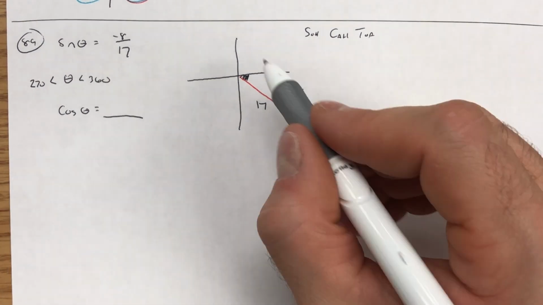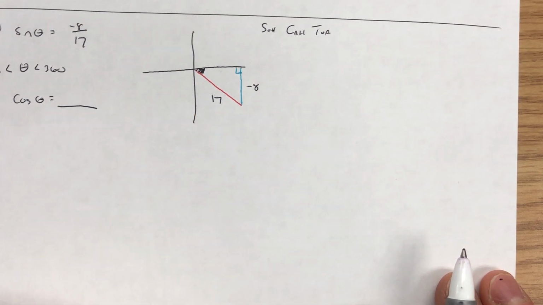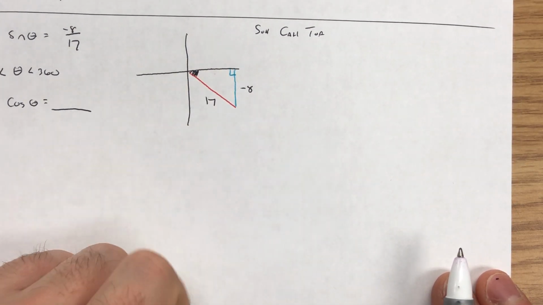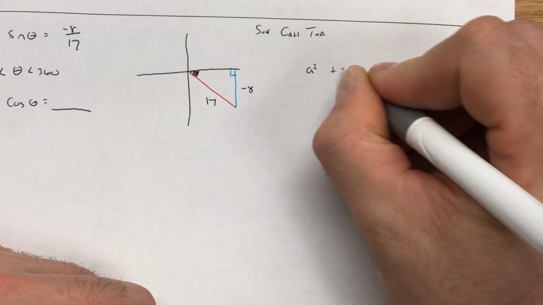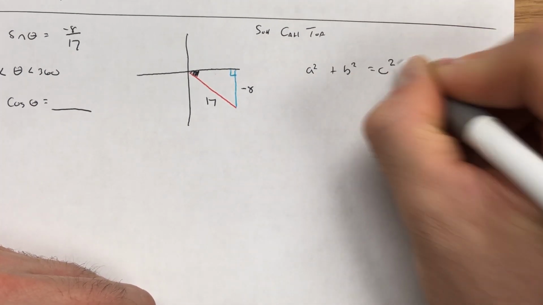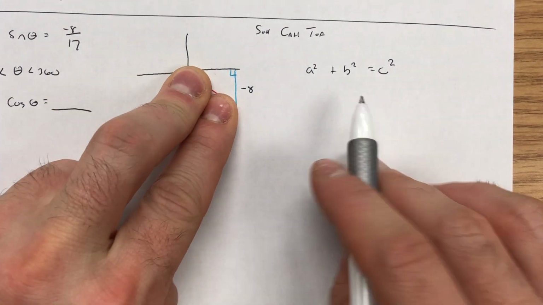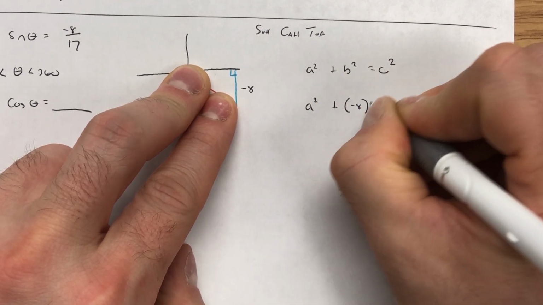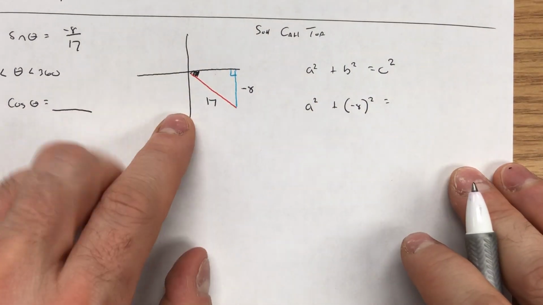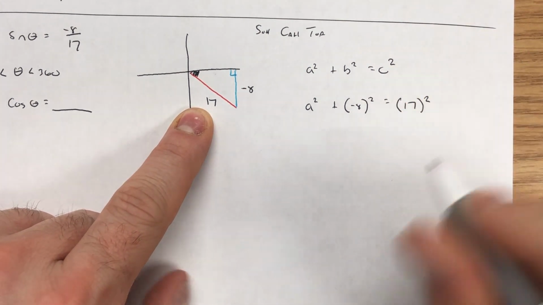So I've got those two sides of a triangle. I need to figure out what cosine is, which relies on the third leg. The only way to find the third leg is to use the Pythagorean theorem. A squared plus b squared is c squared. I know a and b are the two legs, and c squared is going to be the hypotenuse, or this value. Perfect.